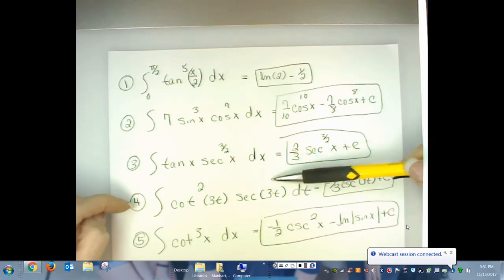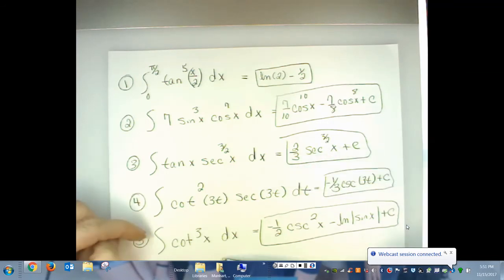Alternative method. Finally, we have cotangent raised to the 3rd power. The section did not give the reduction formula for cotangent of x to the 3rd power. Again, I plan to use an alternative method to come up with the answer.